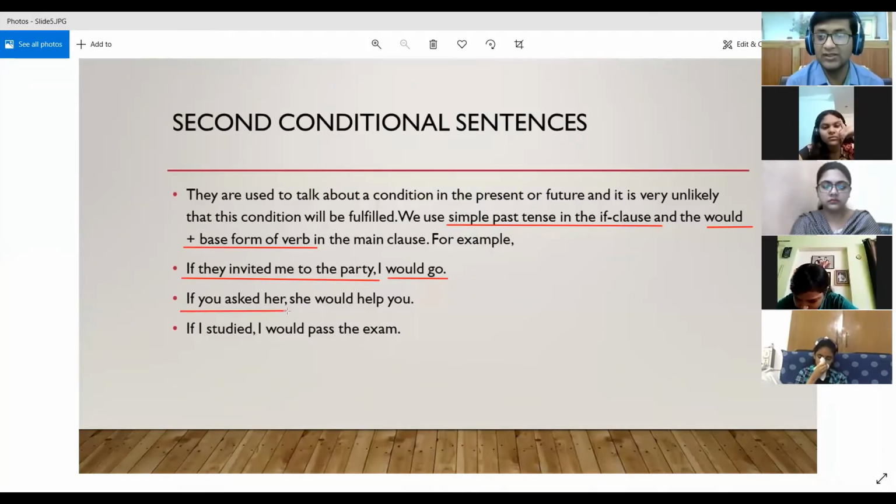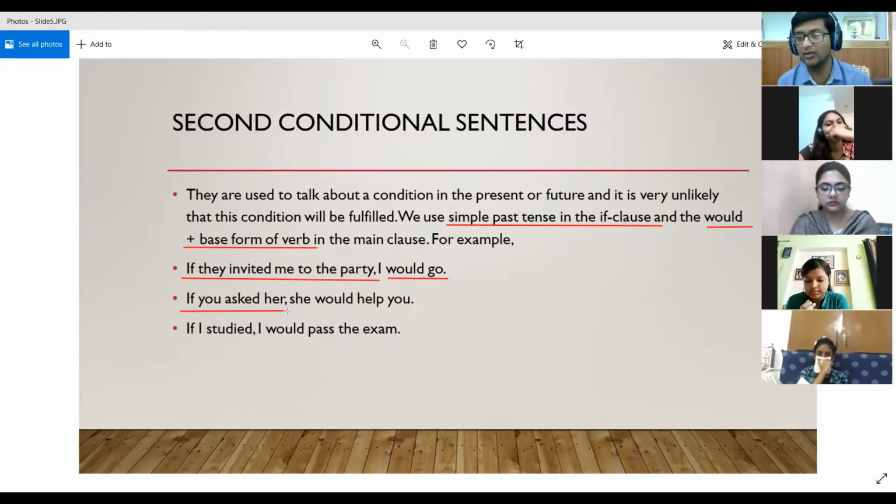So when is she going to help? If you asked her. It shows that the person to whom it is being talked is not willing to ask for help. That is why it is said, if you asked her, because the event of asking her is very unlikely to happen.